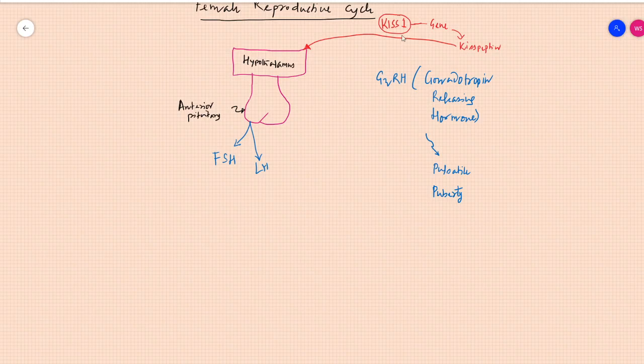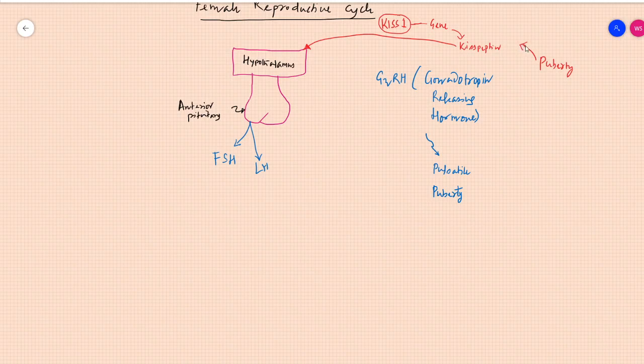So this gene and its product triggers the hypothalamus to release GnRH during puberty. So why does the hypothalamus start releasing GnRH at puberty?